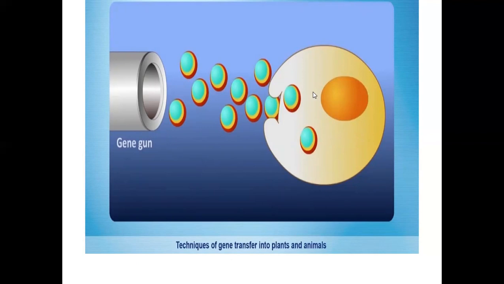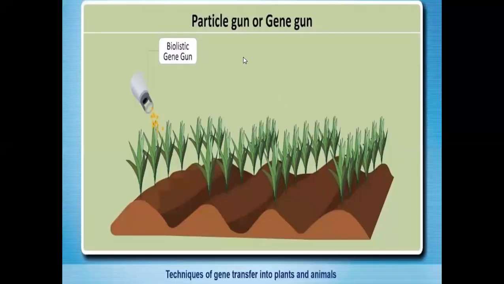Only a few cells receive the large size target DNA bullets. They are cultured on the nutrient medium and develop into new hybrid plants with tDNA characters. The next one, the micro gene gun.